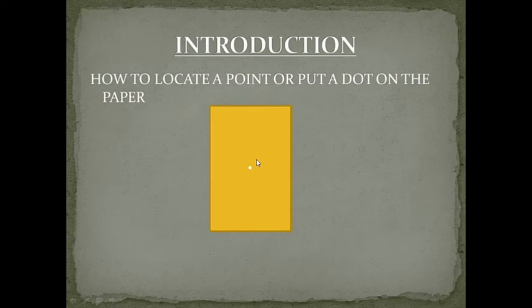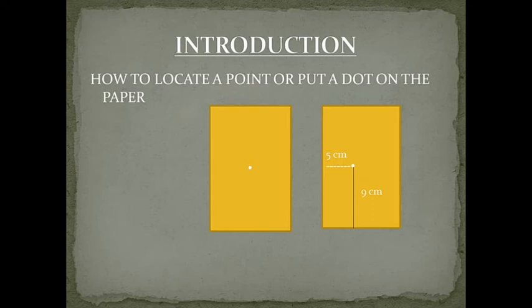But if a specific position is given to you, suppose it is given that the dot is nearly 5 centimeter away from the left edge of the paper, and that line is attached with another line at a distance of 9 centimeter above, then yes, you can locate the point because the particular measurement is given.